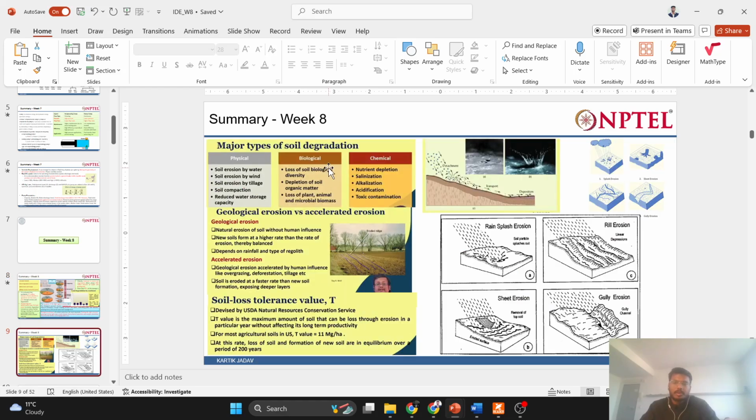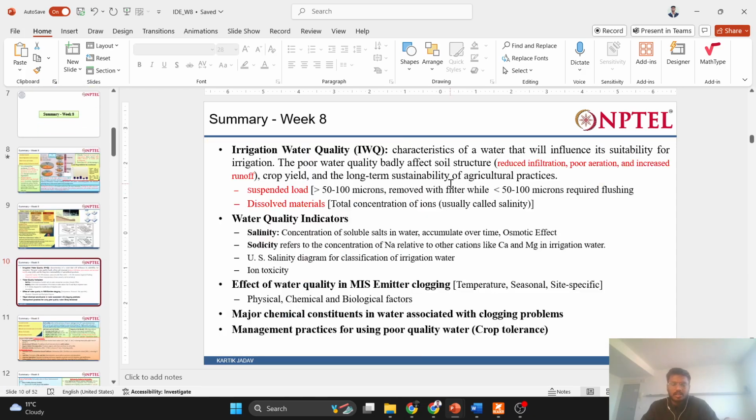Then we talked about water quality aspects: sodicity, acidity, alkalinity, and how we can use the sodium adsorption ratio and the sodium percentage.